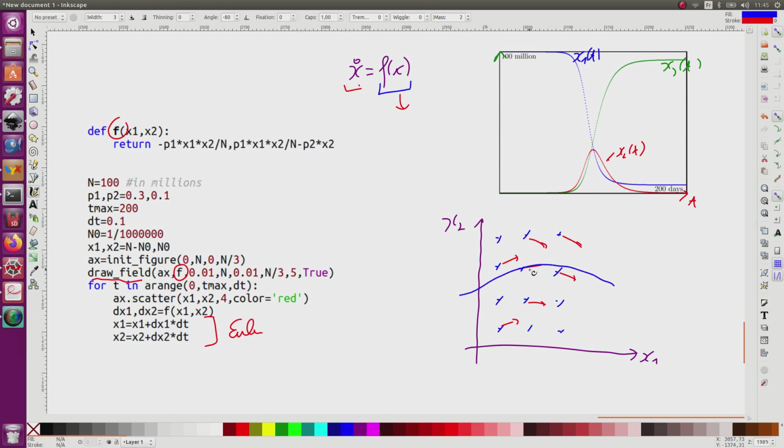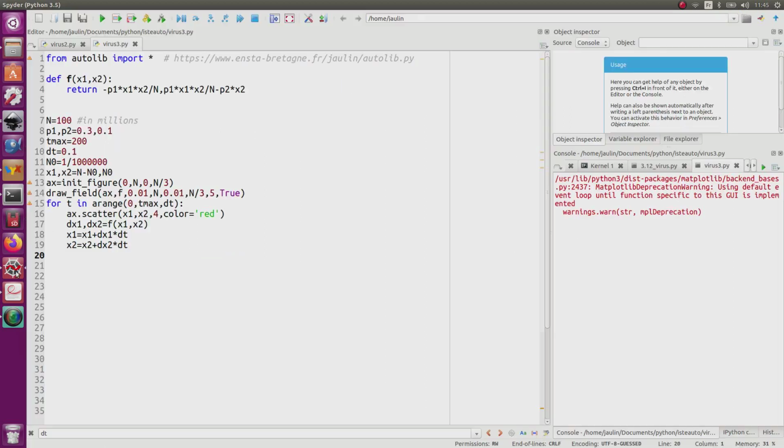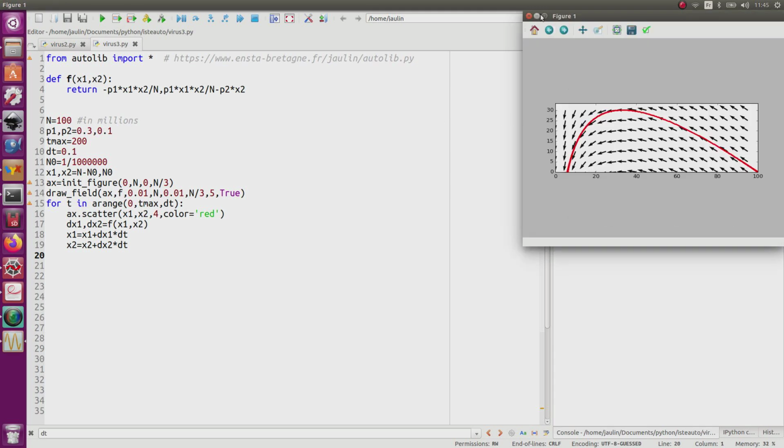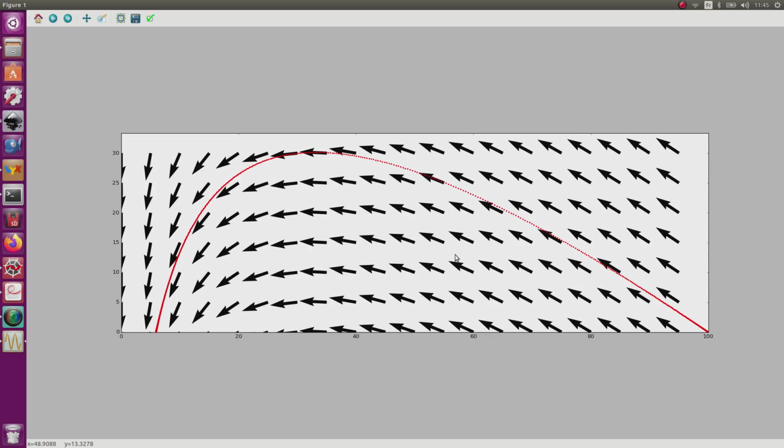It means that it is always in the direction of the arrows. This is my Python program, and I will run it here. And it is given here, and the vector field has been normalized. I mean, all the vectors have the same length.